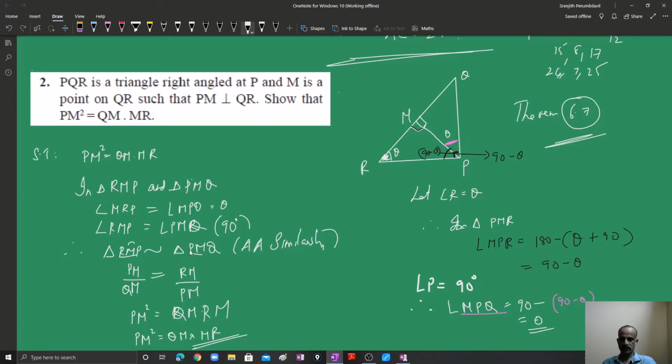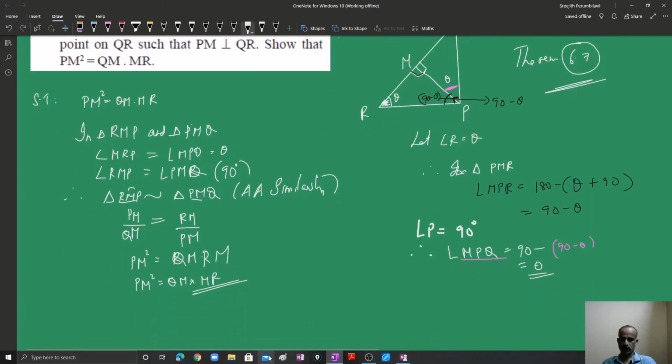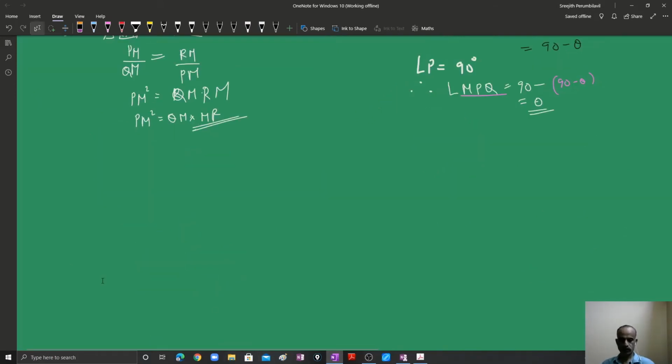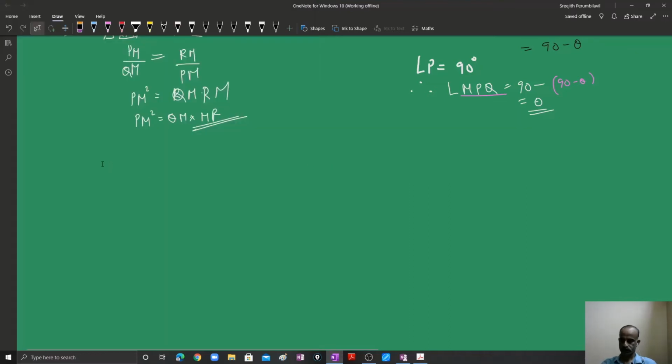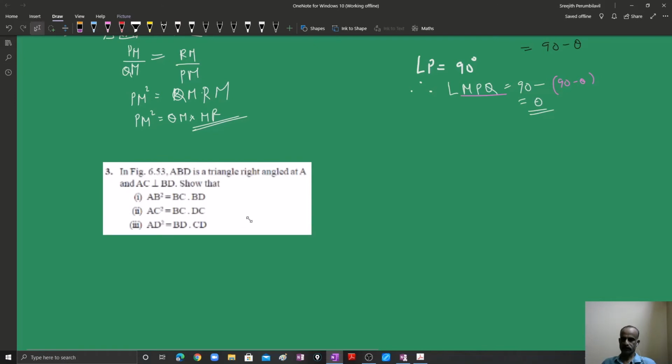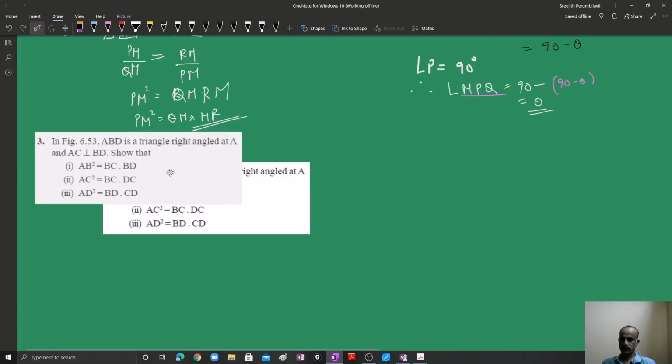Once we get the similarity, just apply that the sides are proportional. So we move on to the next question, that is question number 3. In figure 6.53, the figure is to be given.